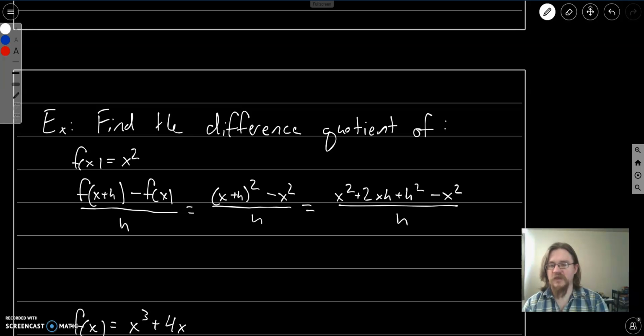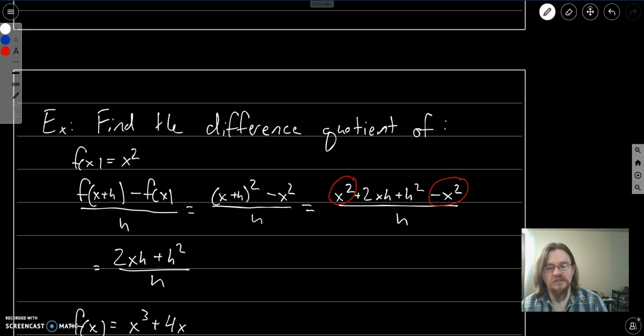So thus far, what have I done? I've just plugged x plus h into my function. Okay, so that was the first step. Next, I had to simplify that a little bit, and what you'll notice is that I've got a plus x squared and a minus x squared. So these guys are going to cancel. So what am I left with on top? 2xh plus h squared divided by h.